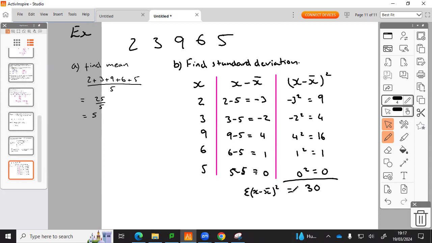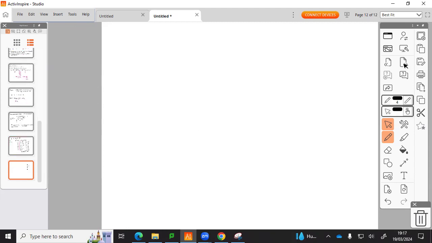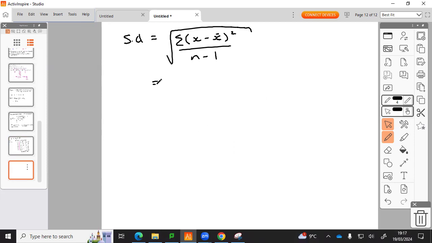So we're going to take that sum of X minus X bar squared equals 30, and we're going to put it into our formula. So our standard deviation formula, as given, is a root over the sum of X minus X bar squared over N minus 1. We've just found out that top, 30.